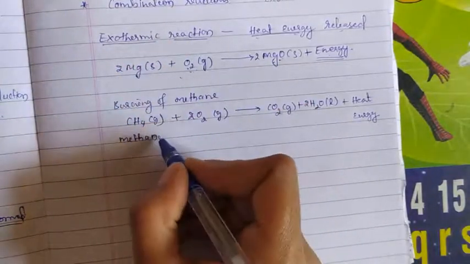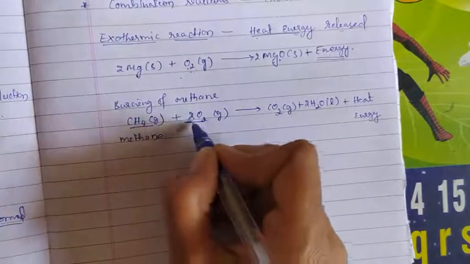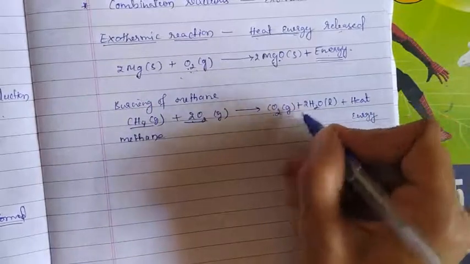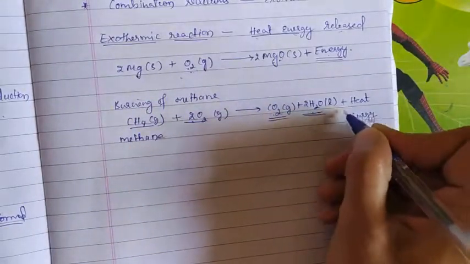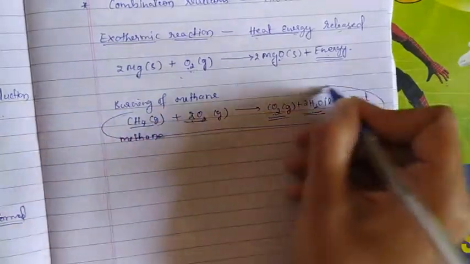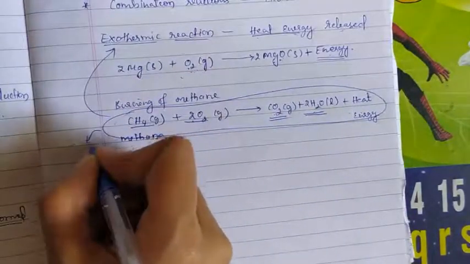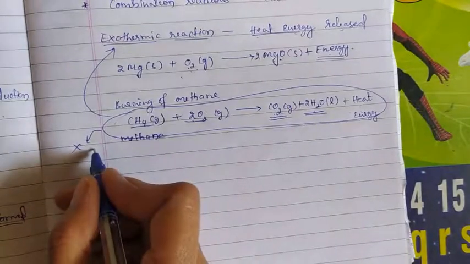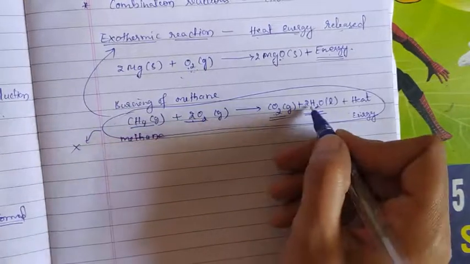See here, methane reacts with oxygen, or is burnt in the presence of oxygen, to form carbon dioxide and water. Along with the formation of these two products, heat energy is released. It is an example of an exothermic reaction, but not of a combination reaction, because here two reactants react to form two products.